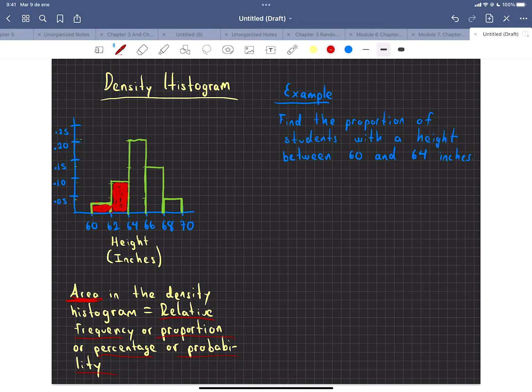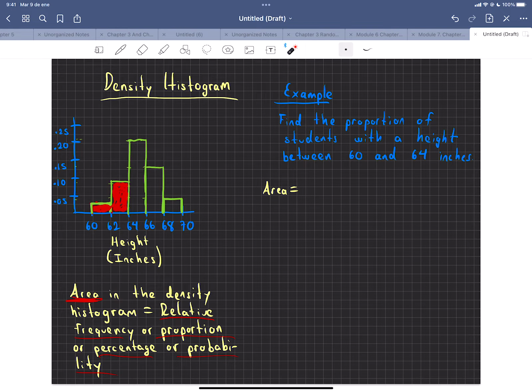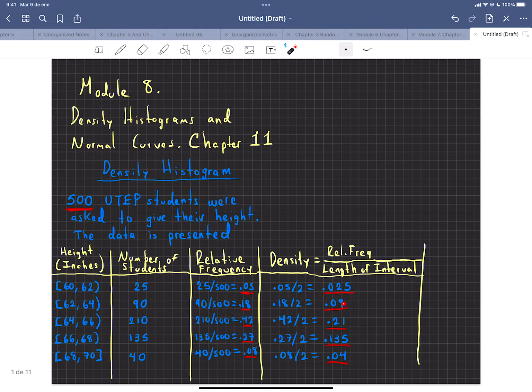So how do we compute this area? Area is equal to the width of the rectangle, 2, times the height determined by the density, 0.025. So it's going to be 2 times 0.025 plus 2, this width now, times the height, that is 0.09.